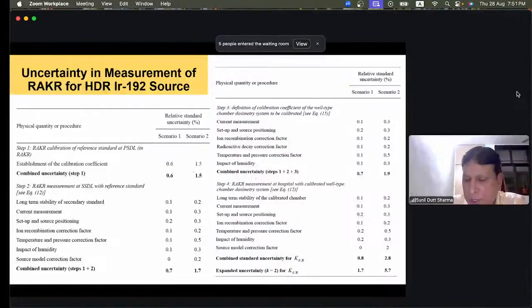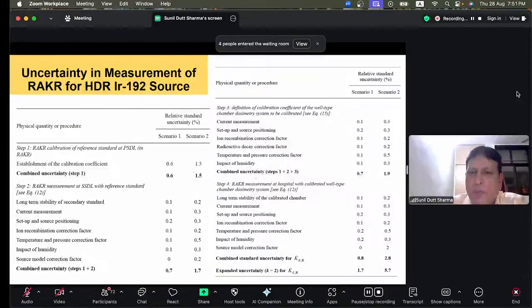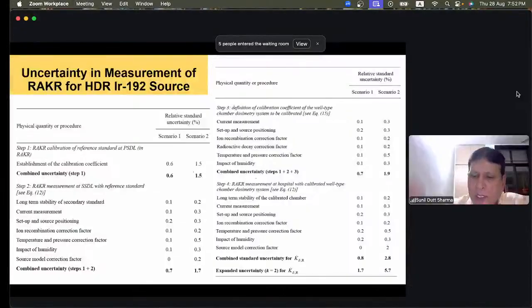Usually it is expected that if you are comparing the measured value with the source certificate for HDR sources, this value shall match within 3% variation, incorporating the uncertainty of measurement. If you are doing this for low energy seed sources, the measured value and certificate value shall be within 5%, within the uncertainty of measurement.